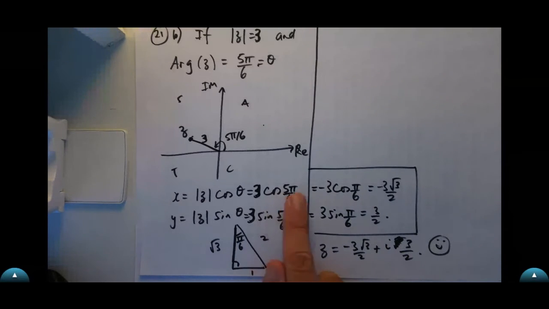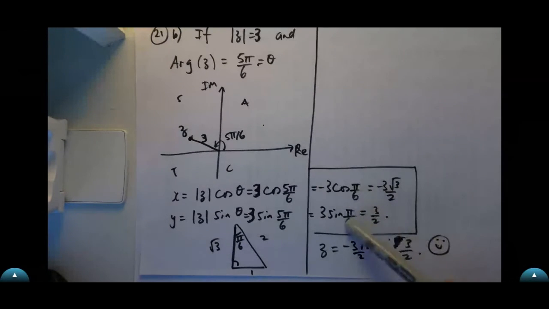Offhand, do you know cosine 5 pi on 6 and sine 5 pi on 6? If you don't, then it's necessary to break them down into smaller angles that are less than 90 degrees. Does that make sense?